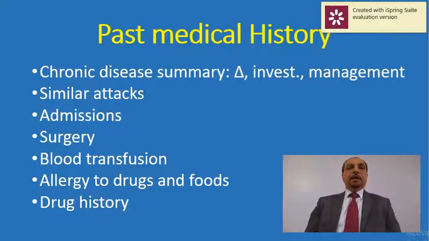We will speak about previous admissions and their frequency. For example, if he is a school child and has a lot of admissions, he will miss his school, and this is a problem for him, and there are some social problems about that. So we have to speak about previous admissions and what medications were taken.